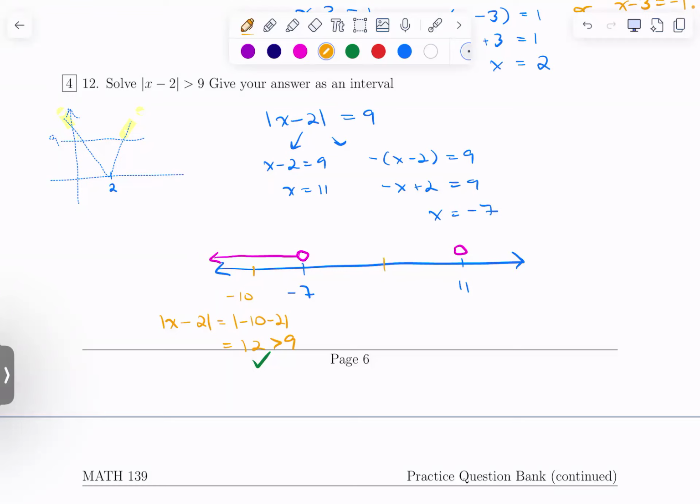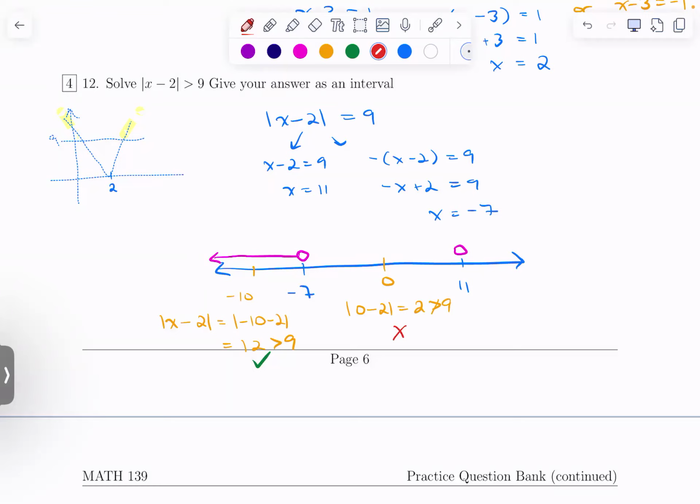If I'm going from a negative to a positive, I always go for 0. I can't help it. Because the absolute value of 0 minus 2 is 2, which is not greater than 9, so it's out. Oh, sorry, it is less than 9.